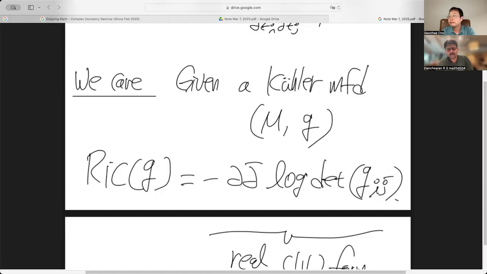If you put this negative sign inside, because there's a log here, this becomes just 1 over the determinant. What can you see? So d d-bar of the log of the Hermitian metric becomes the Ricci curvature.